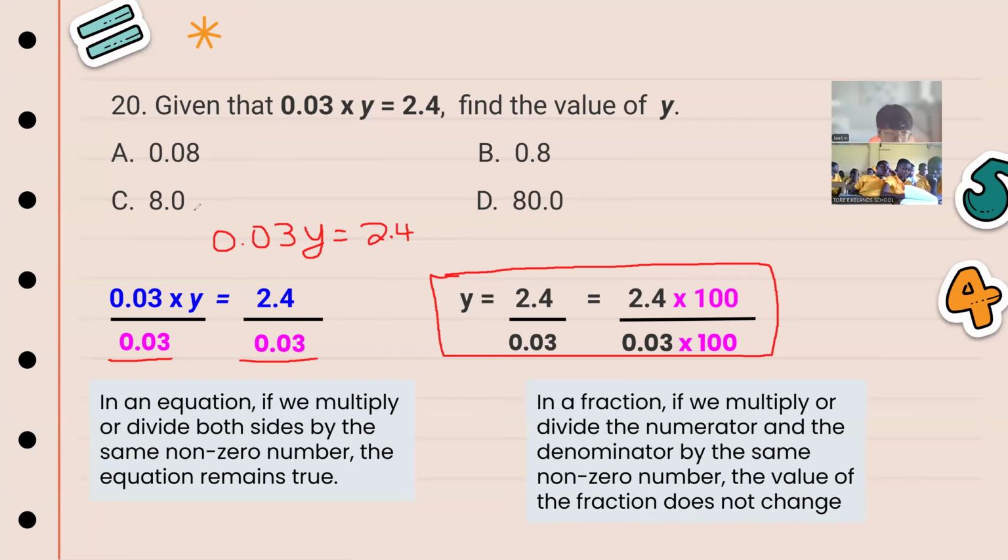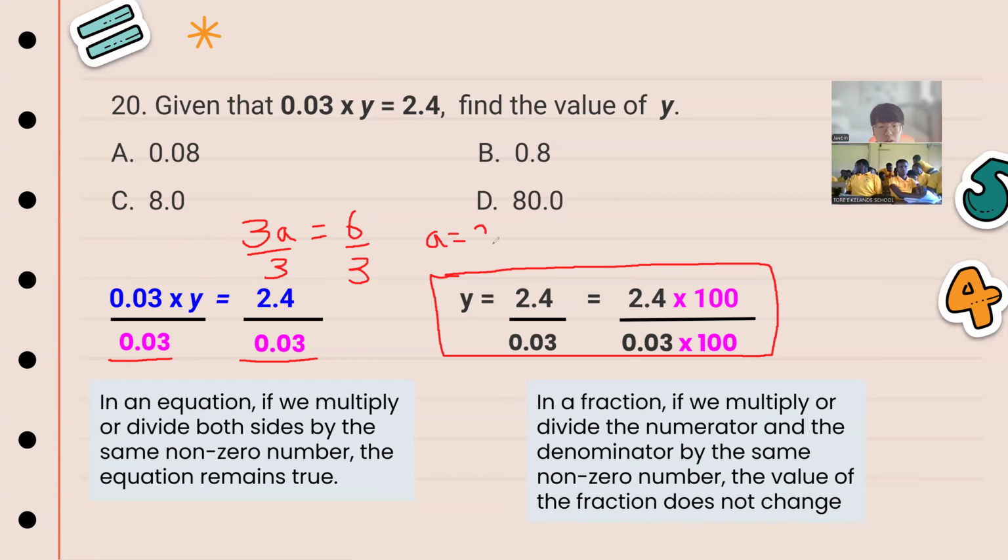Maybe another example. Let's say we have 3a equals 6, then we can divide by 3 on both sides, and we get a equals 2. It's a similar process here.